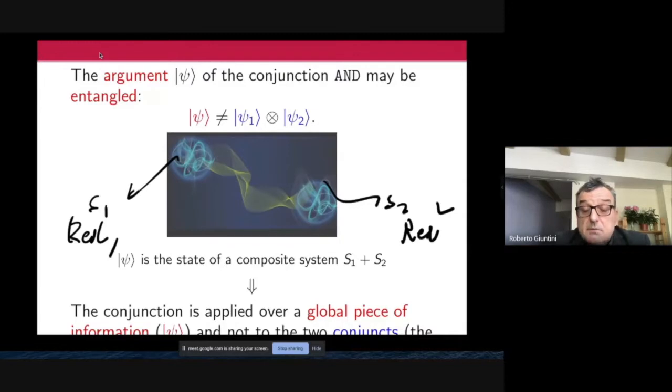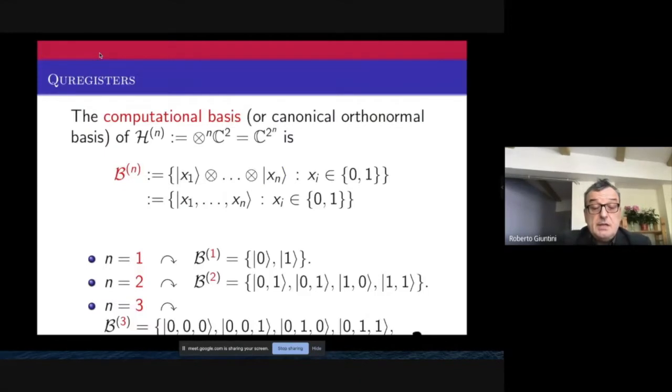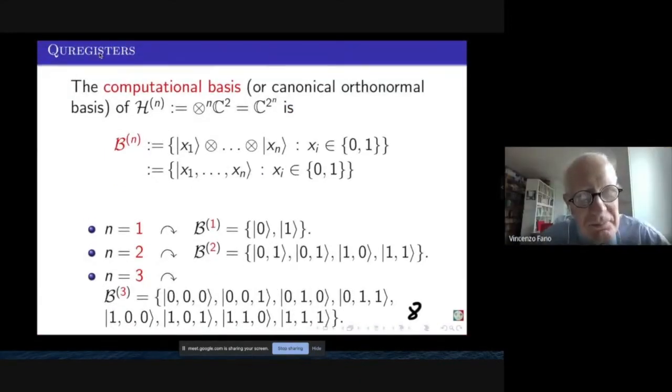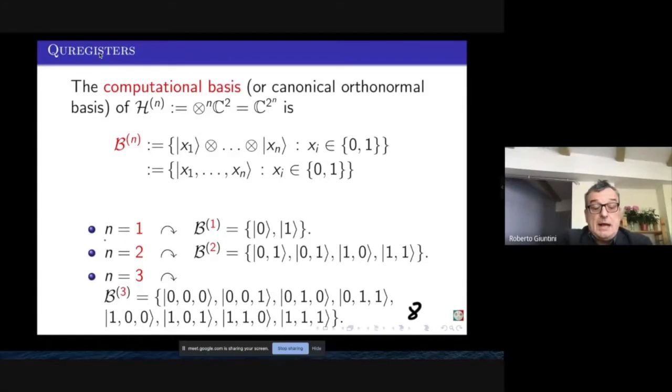This is the classical part. It's bit, qubit. Okay. So this is the computational basis. If you have n=1, you live in C2, so you have two possible numbers, the amplitudes of ket 0 and ket 1, in parallel.